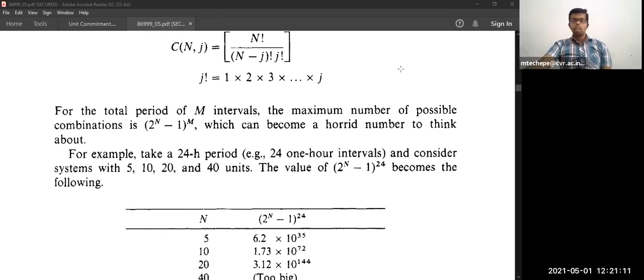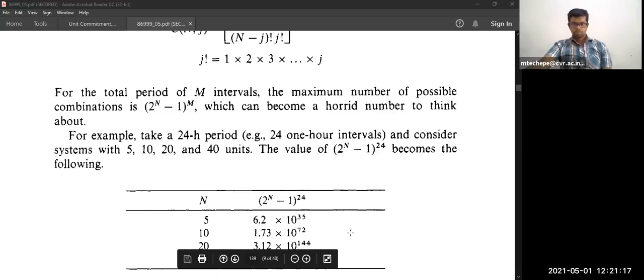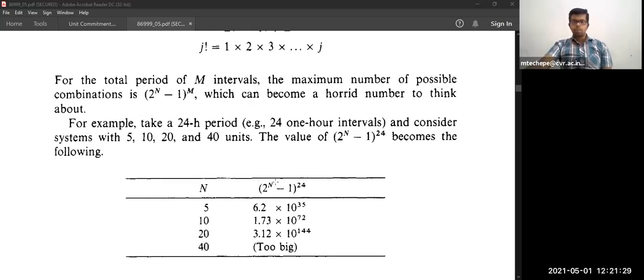This is the number of generating units, and this is the maximum combination. Let us take 5 generating units, so you have to substitute 5 here: (2 power 5 minus 1) the whole power 24.